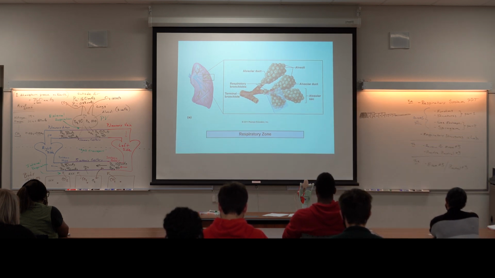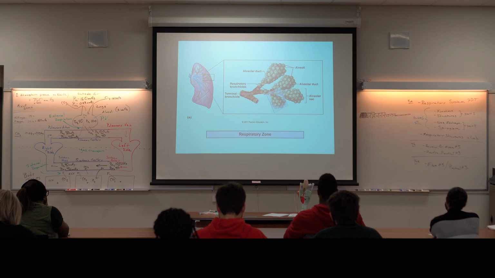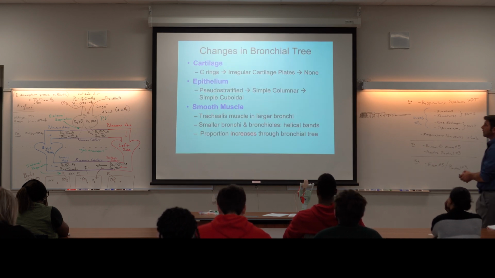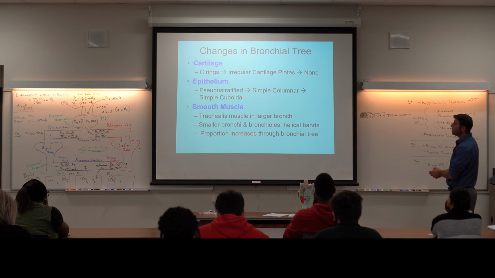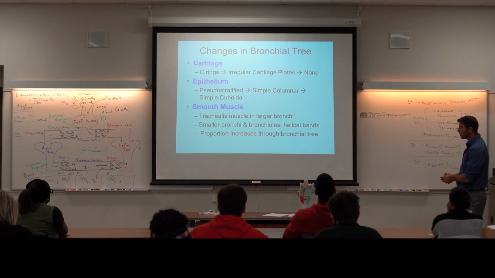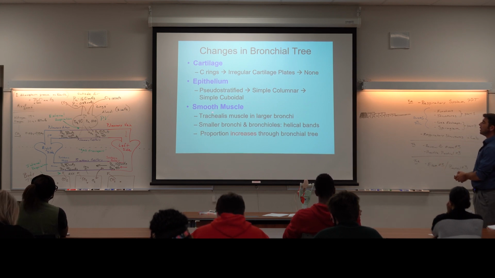And it's that smooth muscle that can constrict or dilate and determine how much air can make it to those exchange surfaces. Let me go back a couple of slides. So here were those trends. We said cartilage starts to go from those C-shaped rings to irregular plates, and then eventually no cartilage in those terminal bronchioles, where smooth muscle increases when we get further into those bronchial tubes.